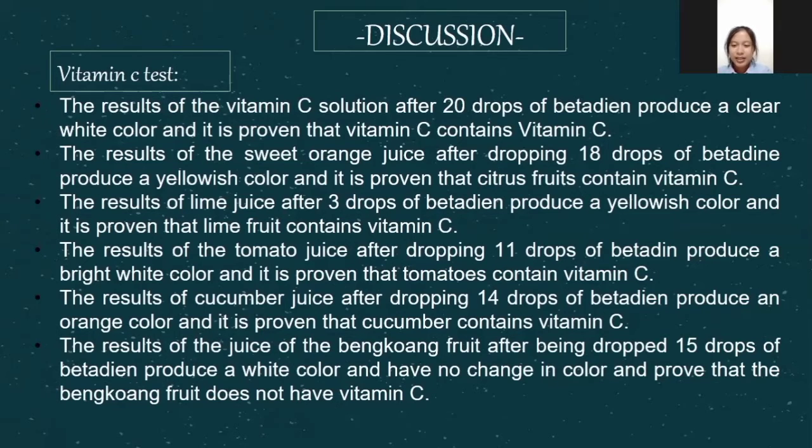The vitamin C solution after 20 drops of betadine gave a clear color and proved that it contains vitamin C. The juice of sweet orange after 18 drops of betadine produced a yellowish color, giving evidence that the citrus contains vitamin C. Next, lime juice after 3 drops of betadine gave a yellowish color, giving evidence that the lime contains vitamin C. The tomato juice after 11 drops of betadine produced a bright white color, giving evidence that tomato contains vitamin C. The cucumber juice after 14 drops of betadine produced a yellowish color, and it is proven that cucumber contains vitamin C.